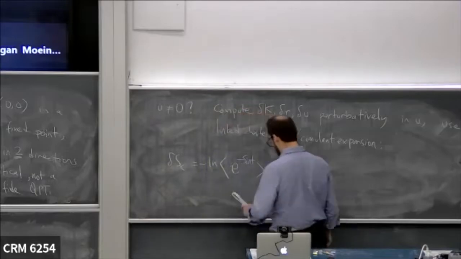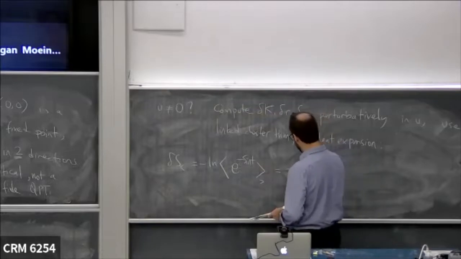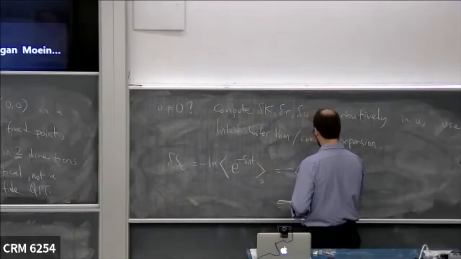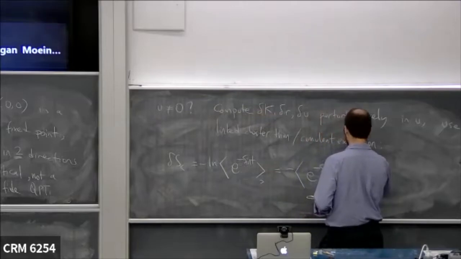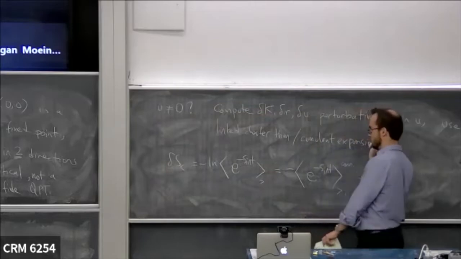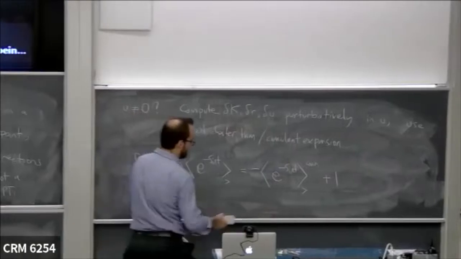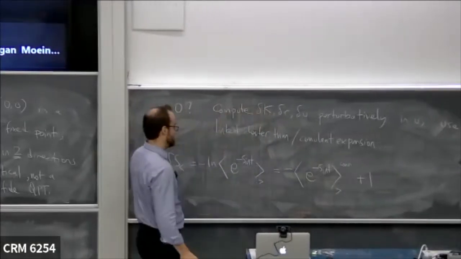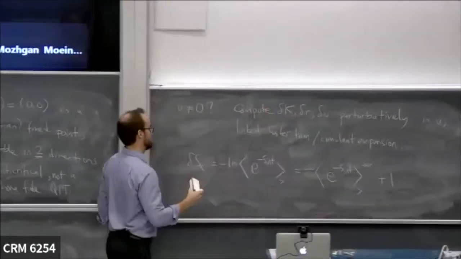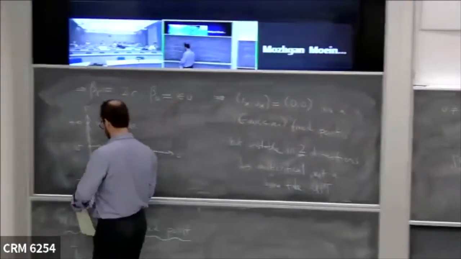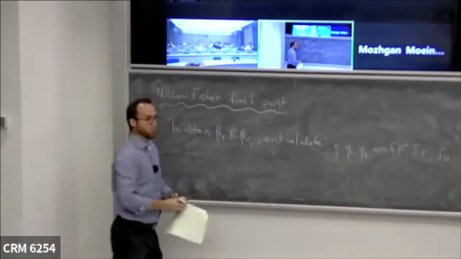The linked cluster theorem tells you that the logarithm of this average is equal to the connected average plus some constant. Then we can perform this average perturbatively because we can expand the exponential in powers of u. We compute things order by order in u.